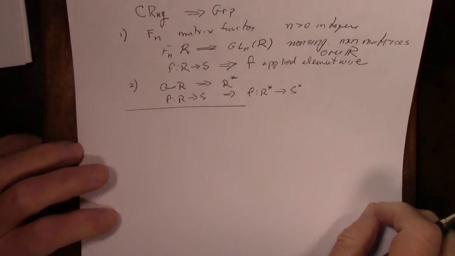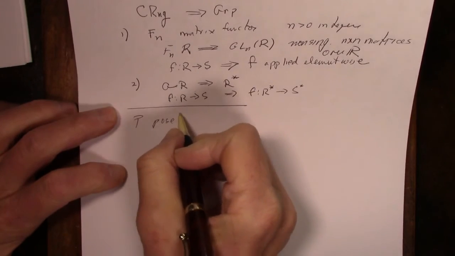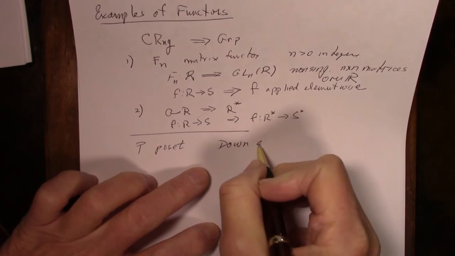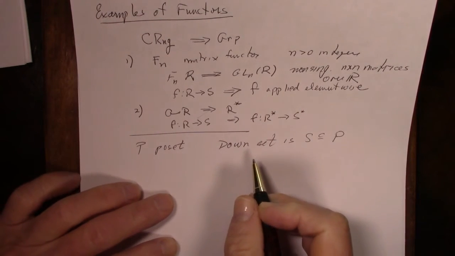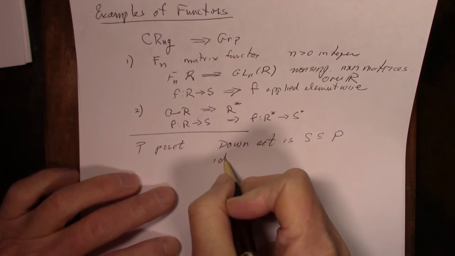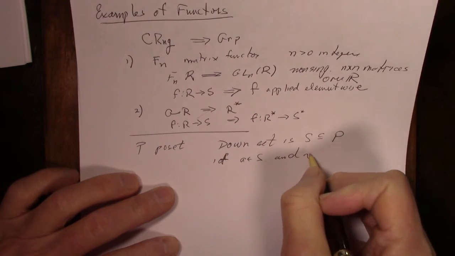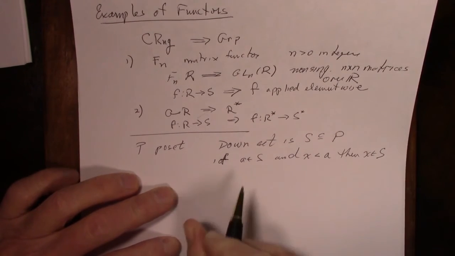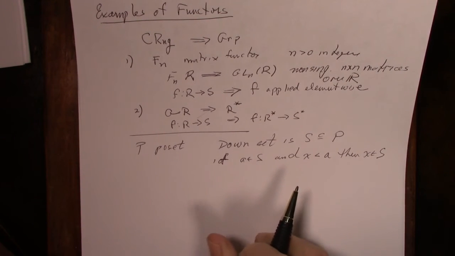Here's another example, a little more unusual maybe. If P is a poset, then a down set is a subset S of P with the property that if A is in S and X is less than A, then X is also in S. Okay, a down set is a set that, when it contains an element, contains everything below that element.